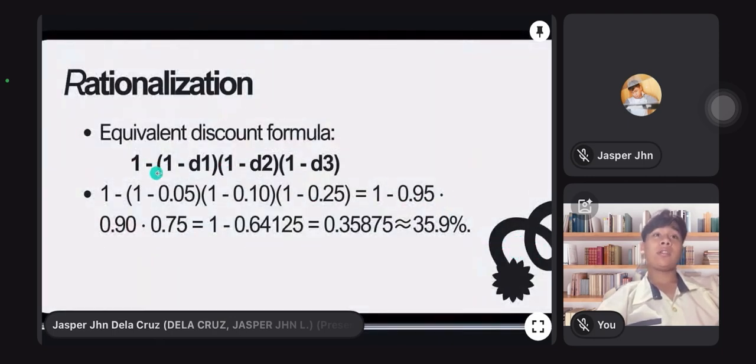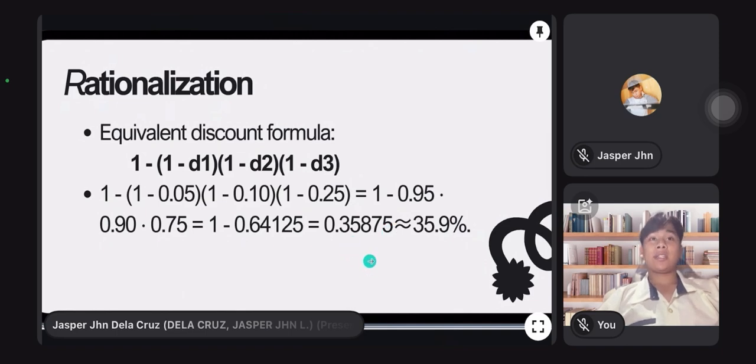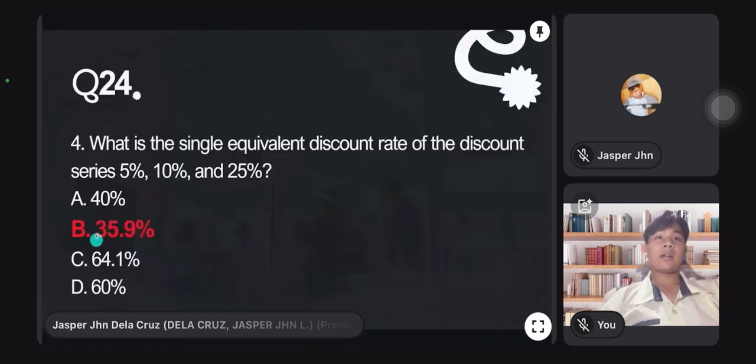So as you can see on the screen, that is the equivalent discount formula. So just plug in the given, and then solve it, subtract, and then multiply. You get 0.35875, or when you round it up and make it into percentage, that is 35.9%. Okay, so the answer is letter B.